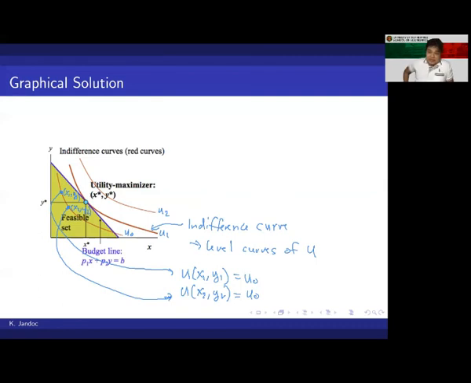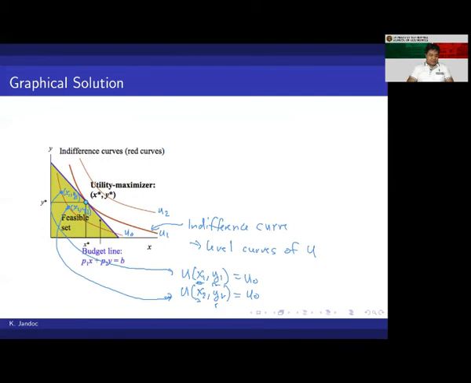That's where the term indifference curve comes from, because the consumer is indifferent between consuming x1, y1 and x2, y2. Why? Because it gives him the same utility level, U naught. So the points on the indifference curves are bundles that will yield the same amount of utility.